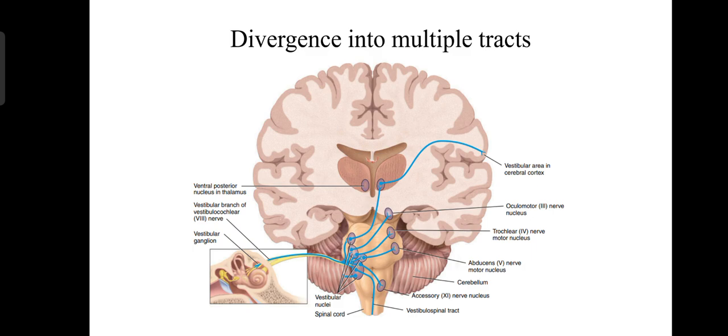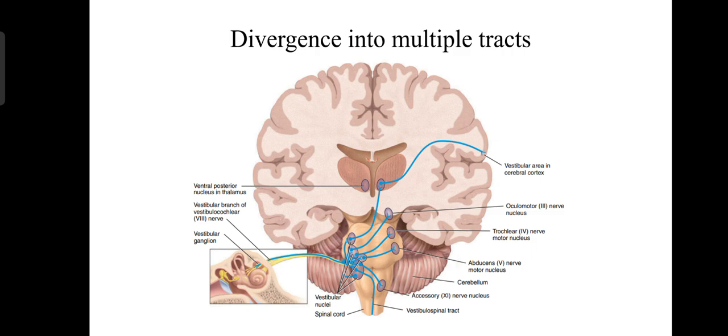This balance information should go to different nuclei, different areas in the brainstem and the spinal cord, so it can coordinate all this information together, which is important to maintain balance, so we can maintain the movement of the eye for different cranial nerves, and movement of our head and neck.